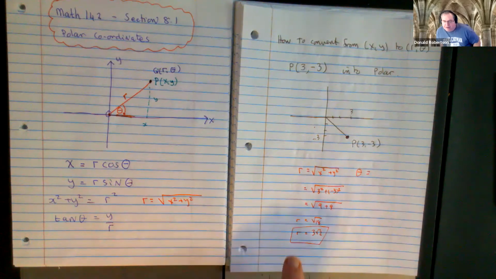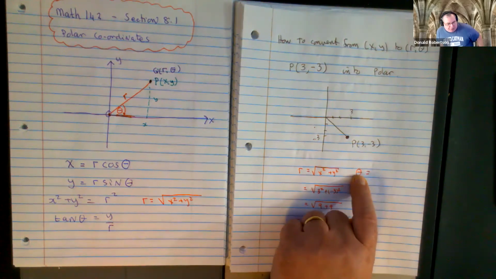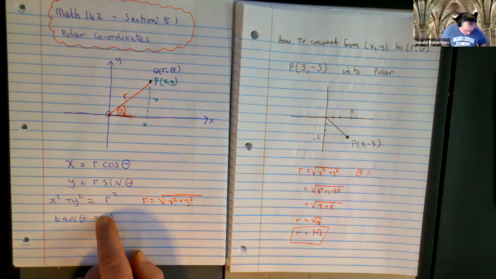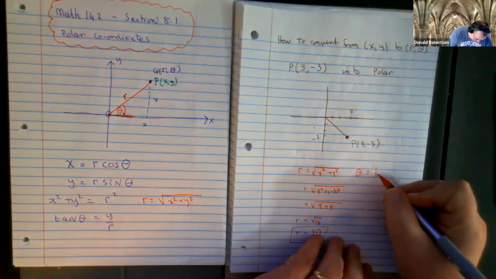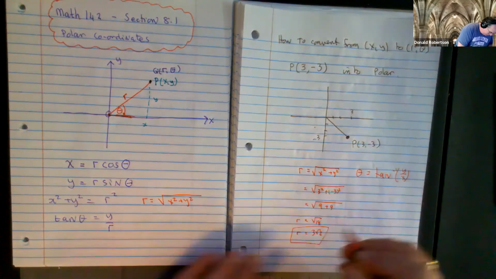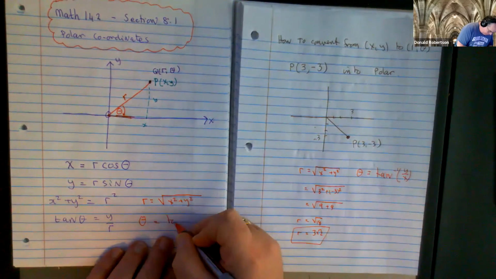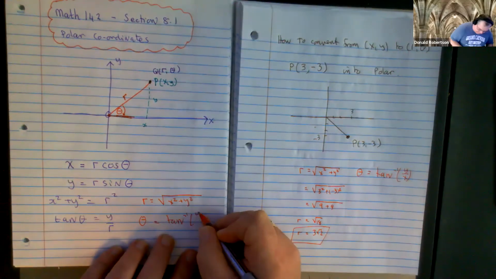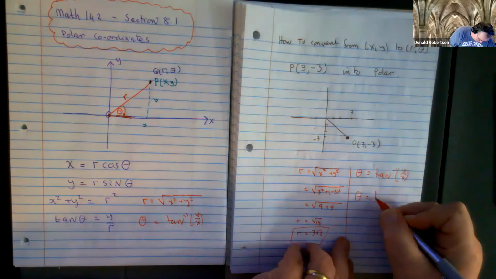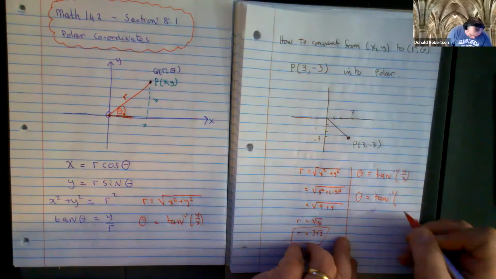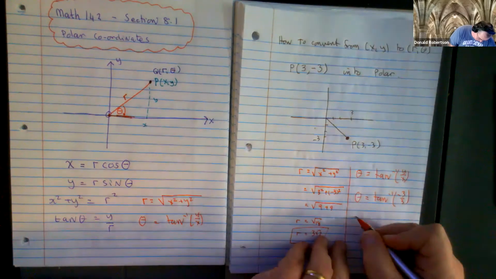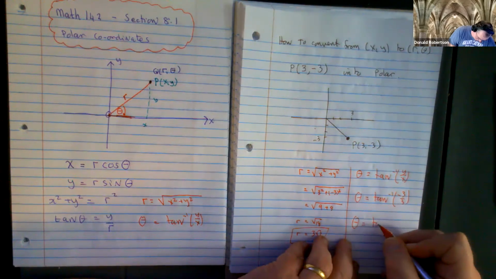Now, how would I find the angle theta? Well, theta is this guy, right? If I rearrange that formula, isn't theta the inverse tan of y over x? In this case, theta is the inverse tan of -3 over 3, and theta is the inverse tan of -1.